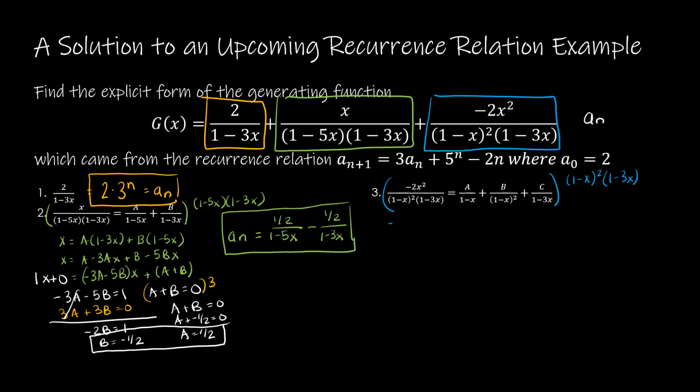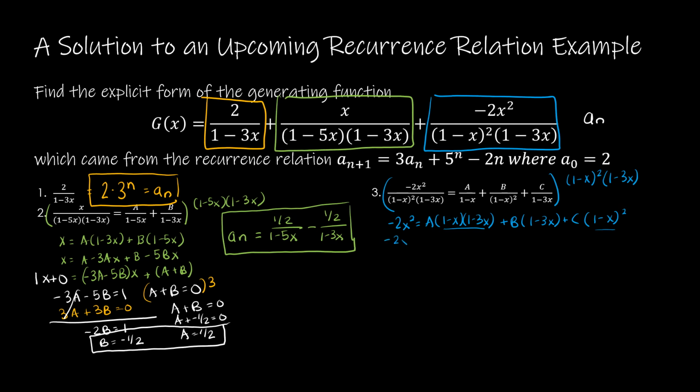That's going to leave me with negative 2x squared is equal to a times 1 minus x, 1 minus 3x, plus b would just be times 1 minus 3x, plus c would be times 1 minus x quantity squared. I'm going to skip a little bit of the algebra here, just for the sake of our time and space. I know that I'm going to basically FOIL these out and then multiply them all by a, FOIL that out and multiply it all by c.